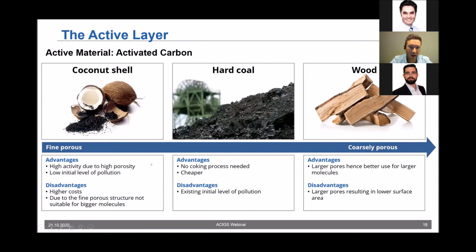And there are also other advantages and disadvantages, like the coconut shell has a higher activity due to high porosity, low initial level of pollutant, and the advantage here is then the disadvantage there, and so on.